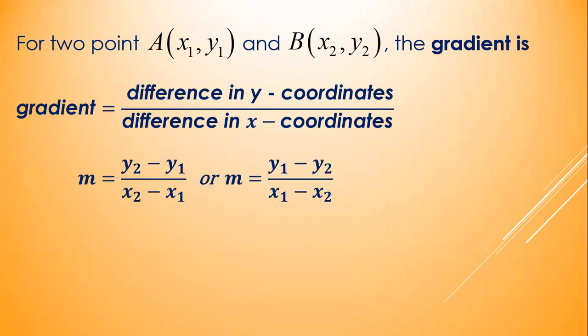In other words, we are saying y2 minus y1 all divided by x2 minus x1, where y2 is our second y coordinate and y1 is our first y coordinate. x2 is our second x coordinate and x1 is our first x coordinate.